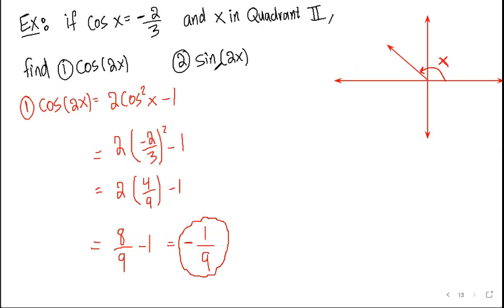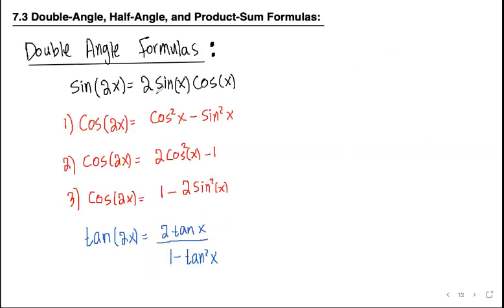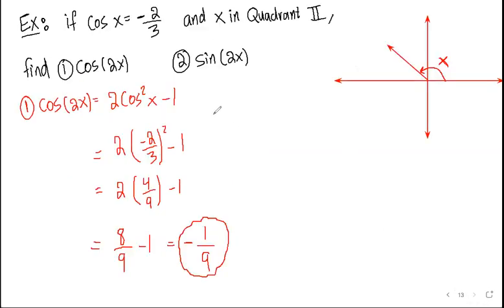Now for b, sine of 2x. For the sine they have only one formula, 2 sine cosine. The cosine is given in the question, but I have to find the sine. How can I find the sine when they give me the cosine?